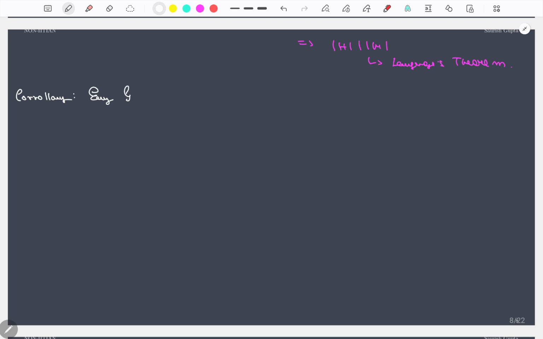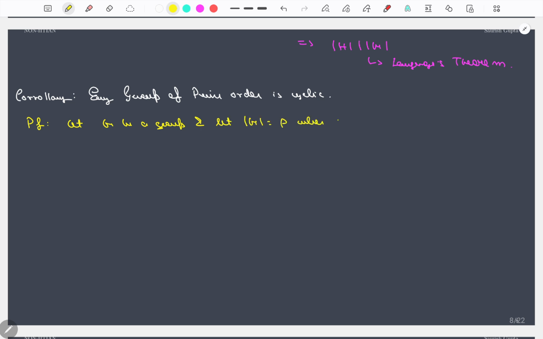Every group of prime order is cyclic. Okay, every group of prime order is cyclic. Let us prove this. Proof. So let G be a group, and let the cardinality of G be p, where p is a prime.